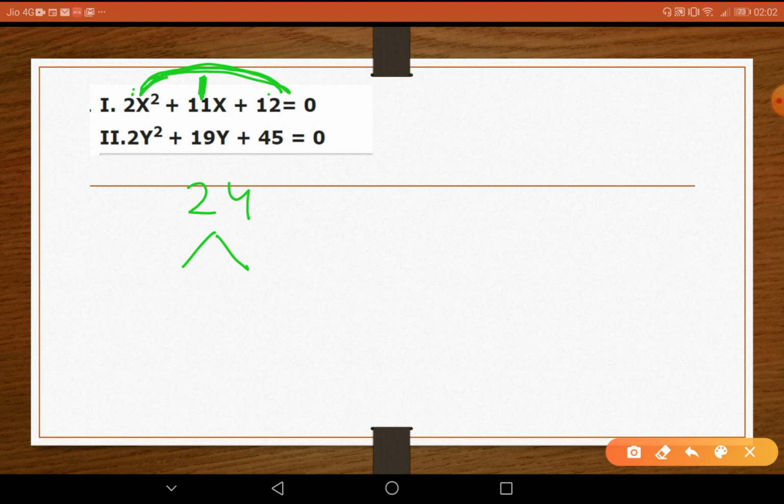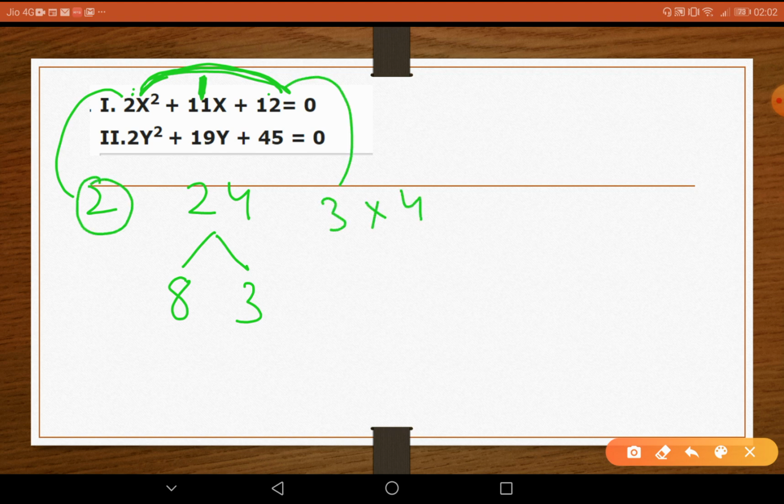I can easily assume that it's 8 into 3, but if you aren't able to think how I got this number, I will do the factorization: 2, and for 12 I will write 3 into 4. You can easily get the 2 and 4, the even numbers. Pick the even numbers; the multiplication of 2 and 4 is 8, and the odd number is 3.